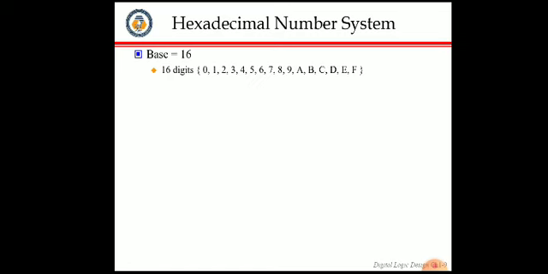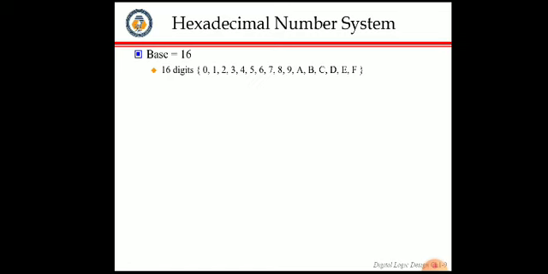Okay. Now let us go for the hexadecimal number system. In the hexadecimal number system, the radix is 16. What are the symbols? The symbols are 0, 1, 2, 3, 4, 5, 6, 7, 8, 9.